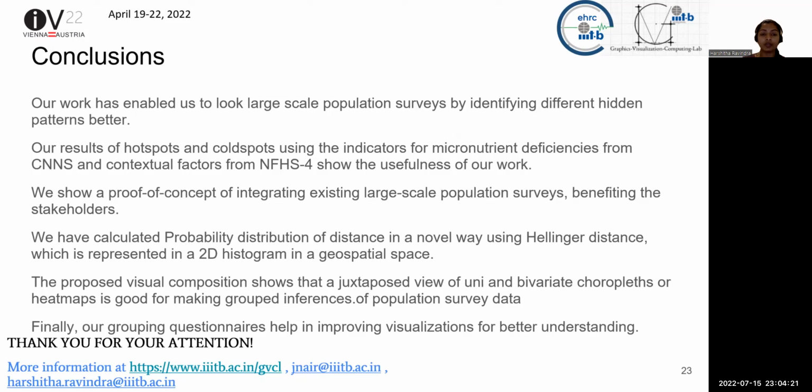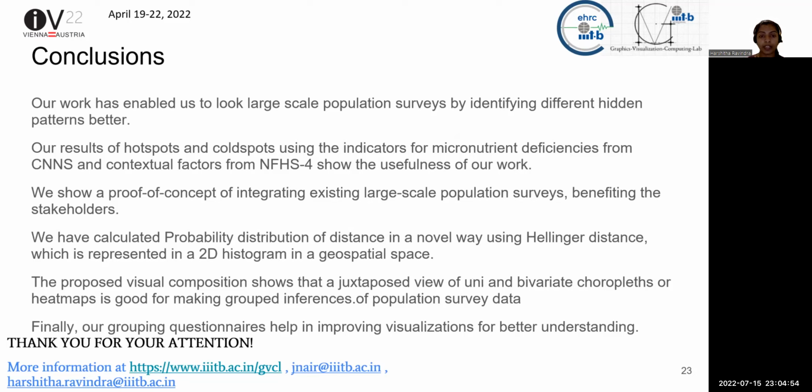In summary, we show a proof of concept of integrating existing large scale population surveys benefiting the stakeholders. The integrated findings may have been otherwise siloed within the survey but are significant when observed together. Unlike other non-visual data analysis methods, comparative visualization using our proposed vector and matrix layout for juxtaposition show the influence of spatial locality.